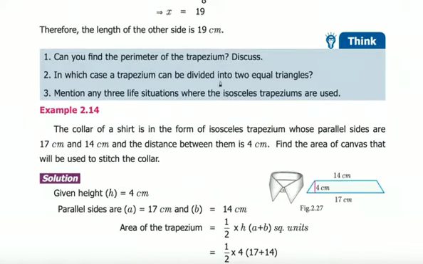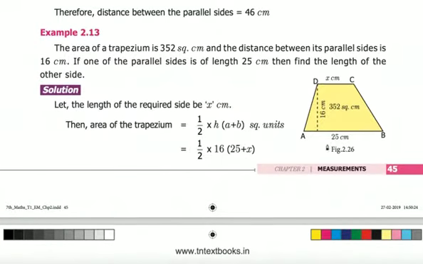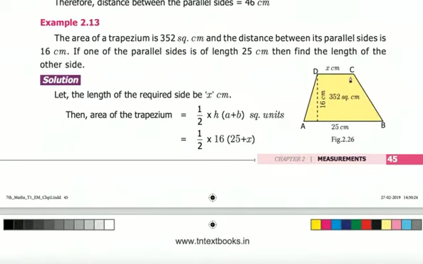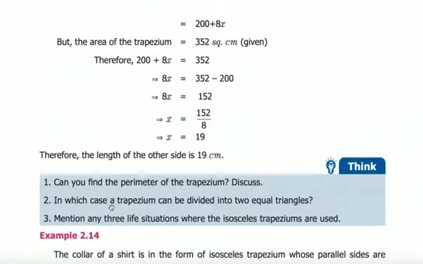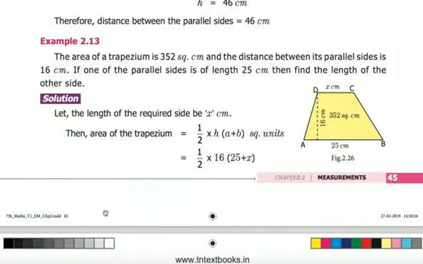Can you find the perimeter of the trapezium? Discuss. Perimeter is this plus this plus this plus this. That is the perimeter, right? In this problem, you know the length x, and this height you know.